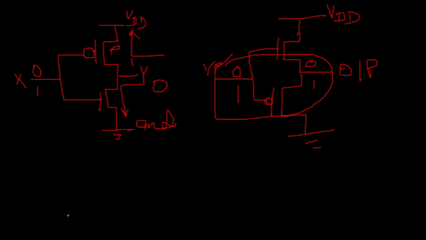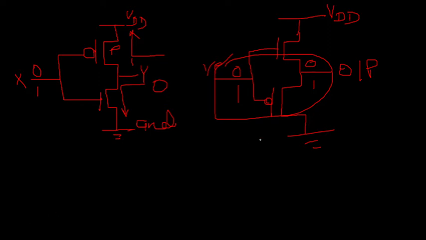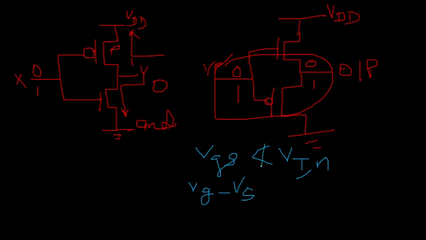Why is that so? Because see, for turning on the NMOS, what is the condition? The condition is VGS should be greater than VT, or we can say VGS should be greater than VTN. Now what is VGS? It is basically VG minus VS, and it should be greater than the threshold voltage of NMOS. So if we are connecting NMOS at the top, what will happen?